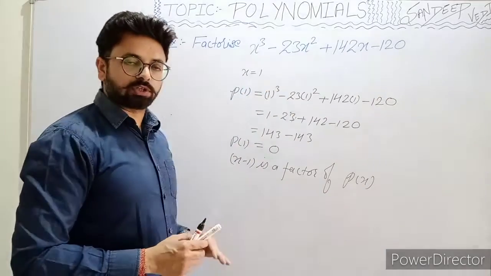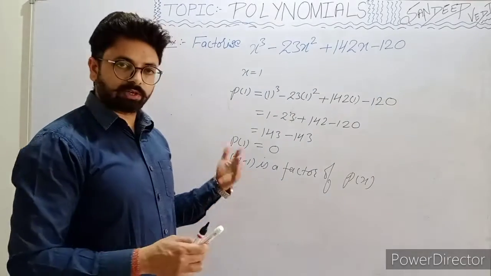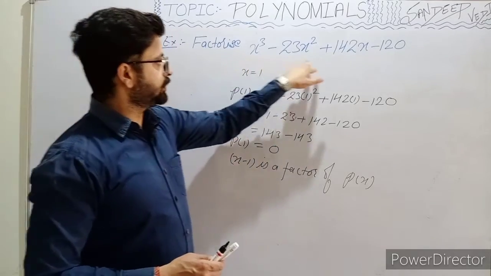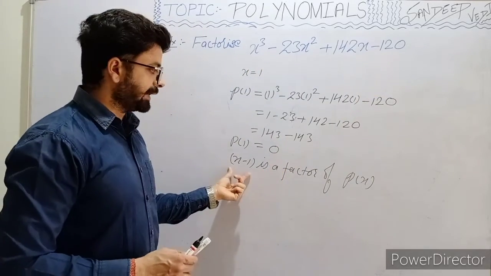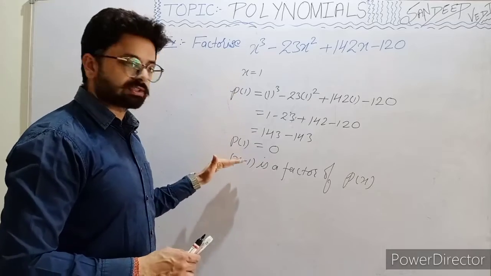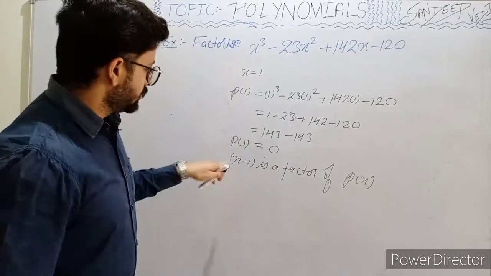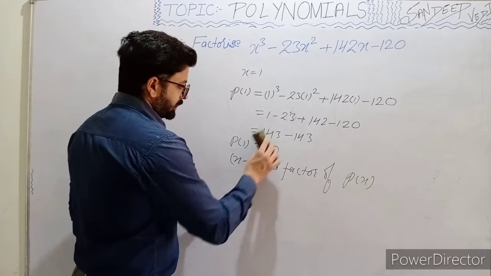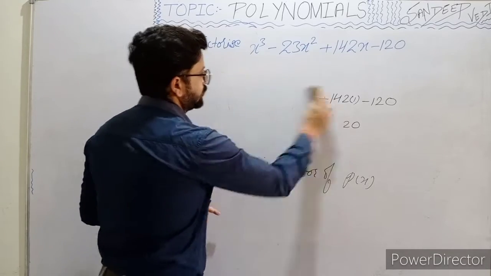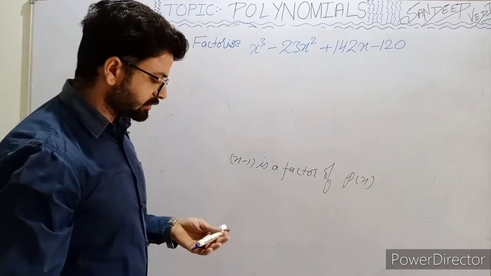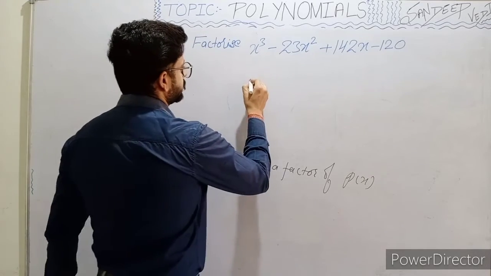Now what to do? By the help of the long division method, already we have discussed the long division method. So I will divide this polynomial by x minus 1. You guys note down this. So x minus 1 is the factor, definitely.